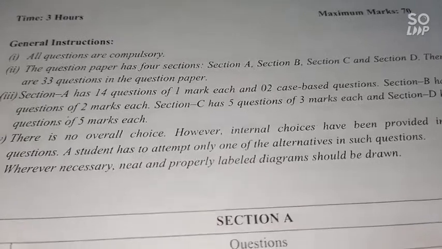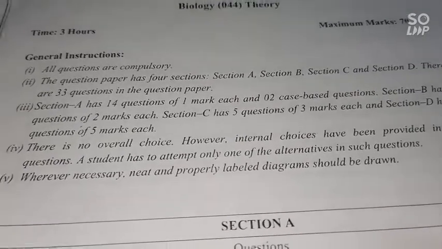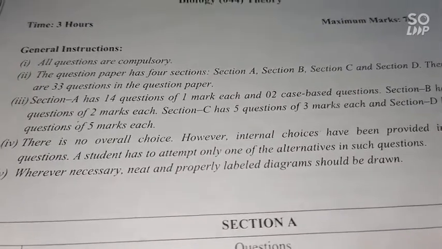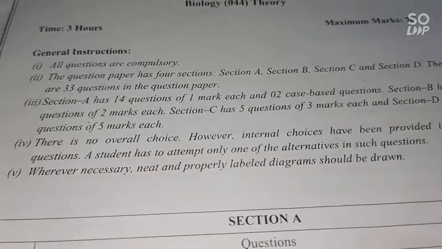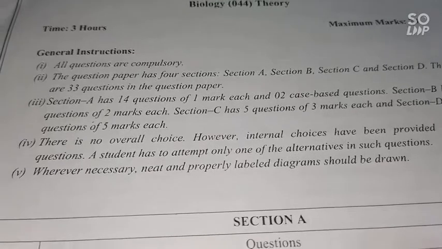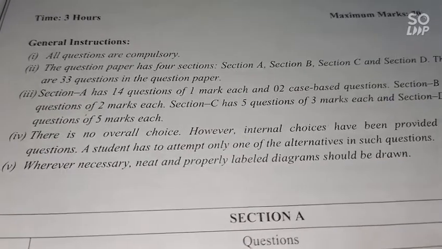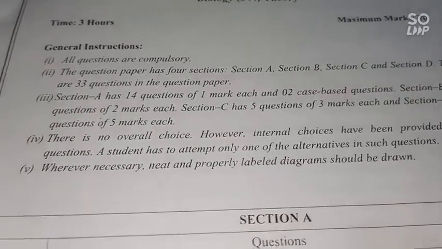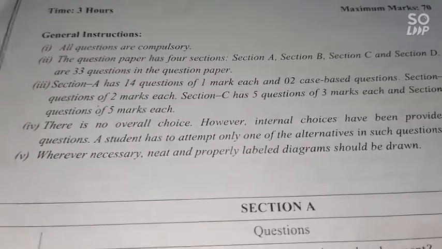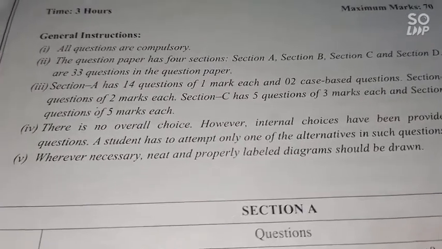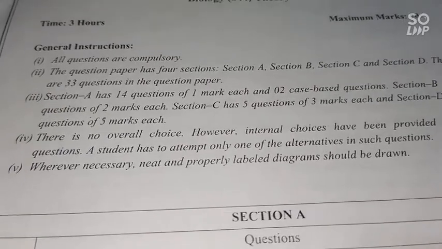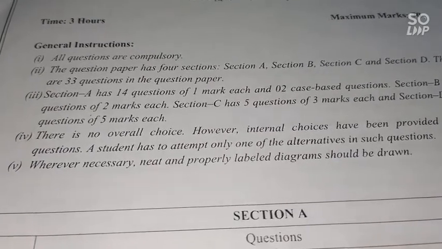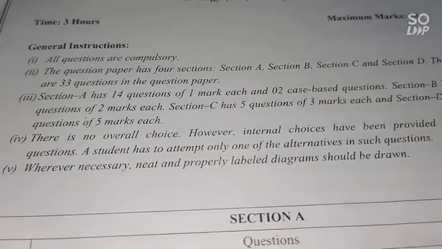Say, for example, there is a question about pollen structure: describe pollen structure. So what do we normally do? We are going to describe it, explain it with words, write paragraphs about it. Instead of writing paragraphs, you can draw the diagram. The same thing which you are going to represent in points can be represented by diagrams too.